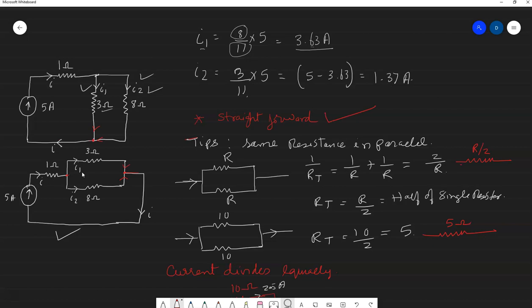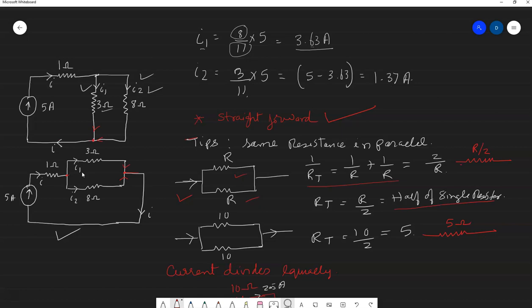There are a few things, if you remember, that will help you solve the circuit easily. You already know this concept. I have here parallel resistors of the same value, R and R. Now when you apply the formula to find the equivalent resistor, 1 by RT is equal to 1 by R plus 1 by R. When you simplify, you end up getting 2 by R. And when you take the reciprocal on both sides, the total resistance of this parallel circuit will be R by 2, which is half the single resistor.